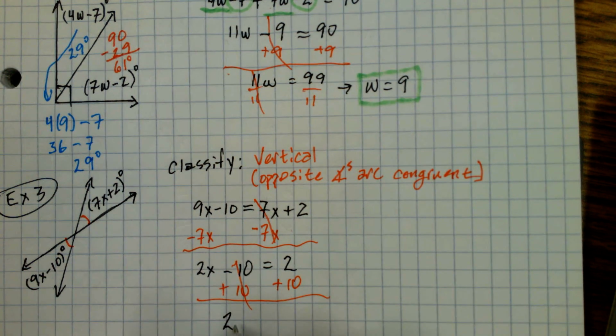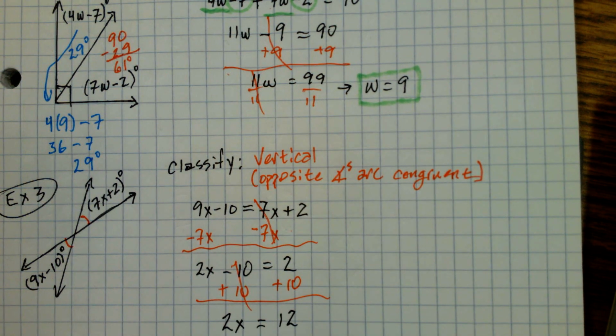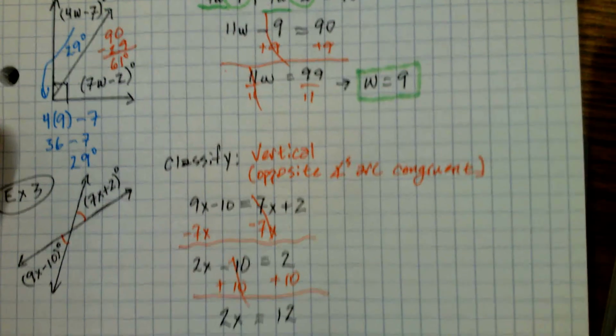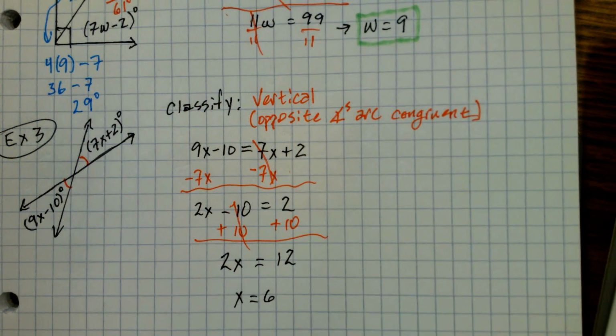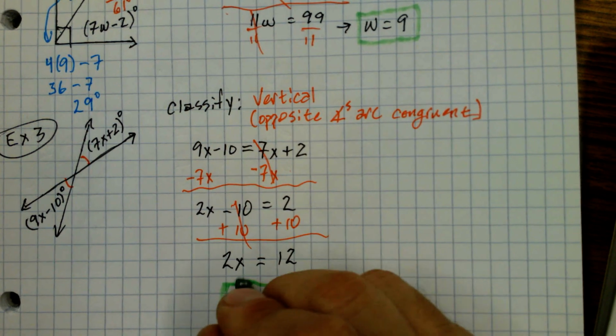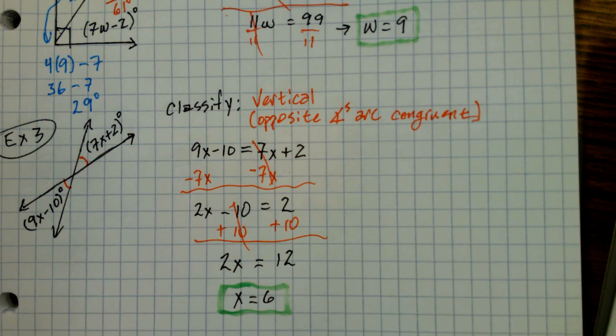You got 2x equals 12. So what does x have to equal? X equals 6. Okay. So now we know the value for x. That's going to help us figure out all of these other angles.